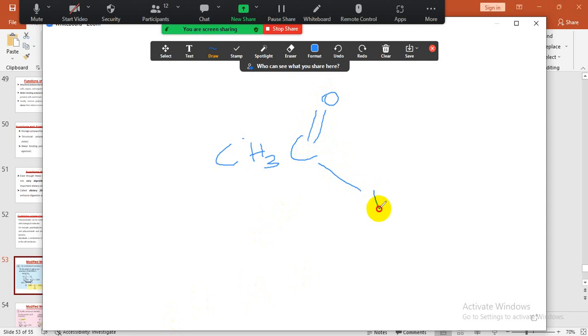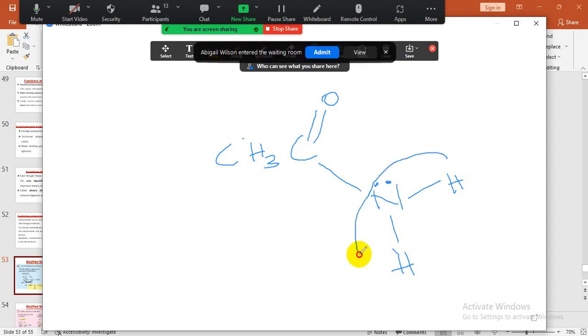So we have an amino group here. So amino has what? NH, then it is also bonded to another H. That's ammonia. Anytime you hear amino, it is ammonia. Then we have a double bond here, a lone pair of electrons here. So this is the amino group.